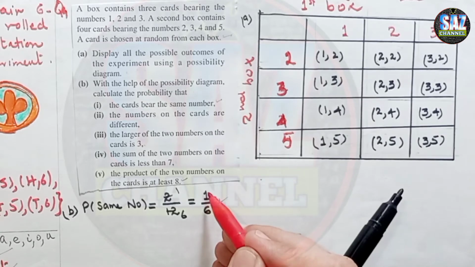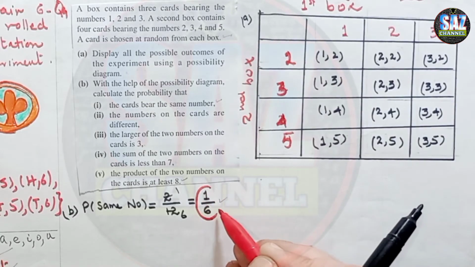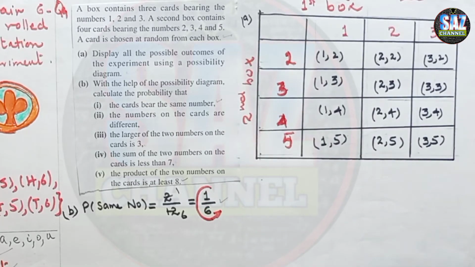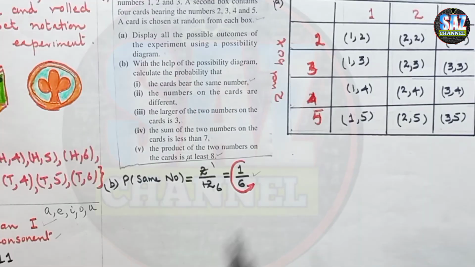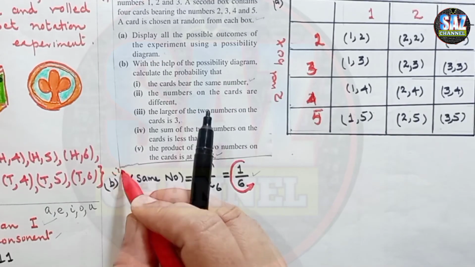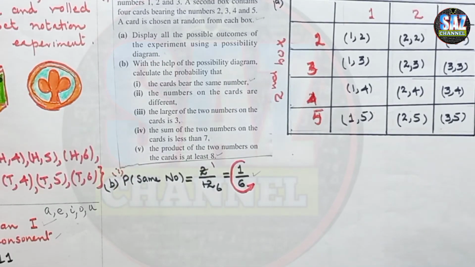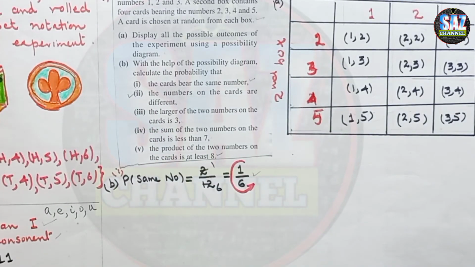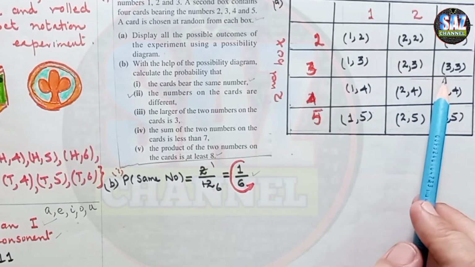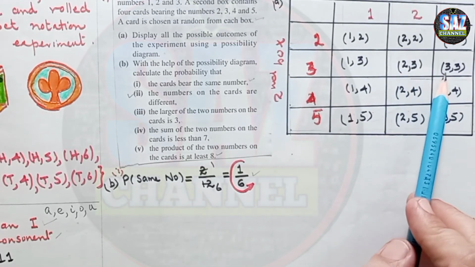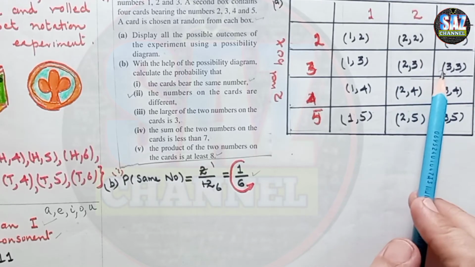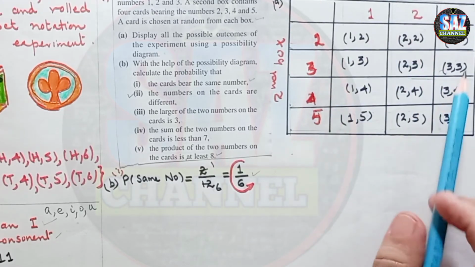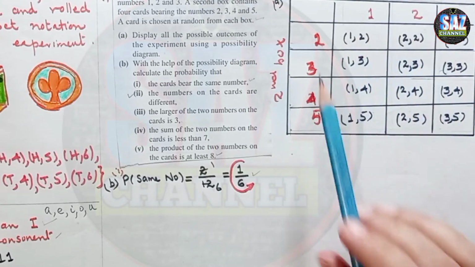Let me encircle this so that it becomes more prominent. B, the first part is done. The cards bear the same number. Now, the numbers on the cards are different. If out of the 12 chances there are 2 chances where we have the same number, the remaining 10 chances will have different numbers.